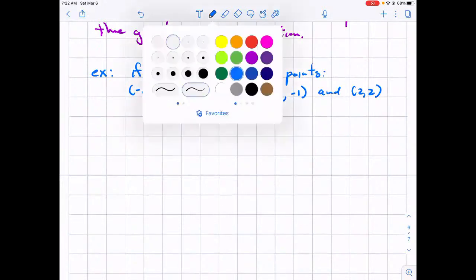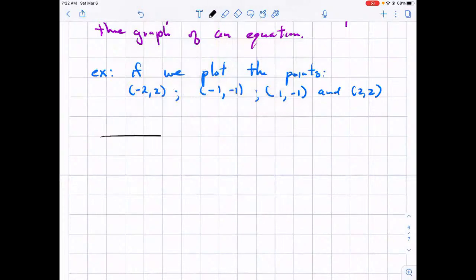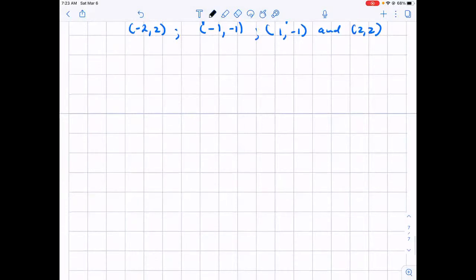So it's possible that when we plot this, we could have had a graph that looks like this. We could have actually, let's put in the numbers. Let's do it here.